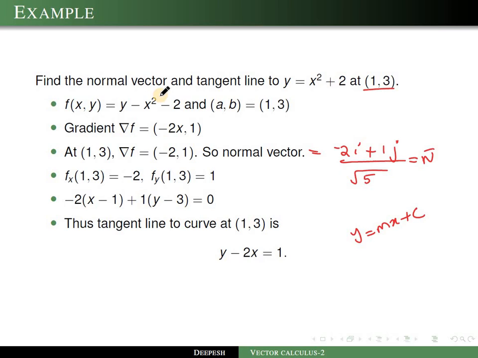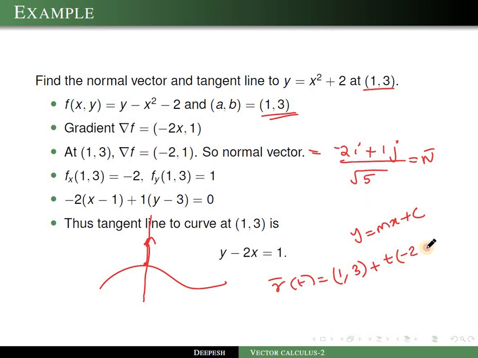If you want the parameterized equation of the normal line, the normal vector is actually passing through this point (1, 3), because the curve is there and you have selected a point. If you want to see it as a full line, r bar of t is equal to the point through which it passes, i plus 3j, plus t into the vector to which it is parallel, (minus 2, 1).